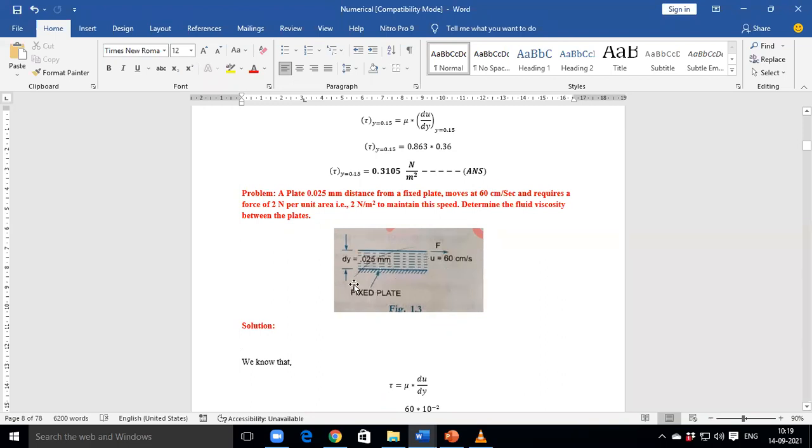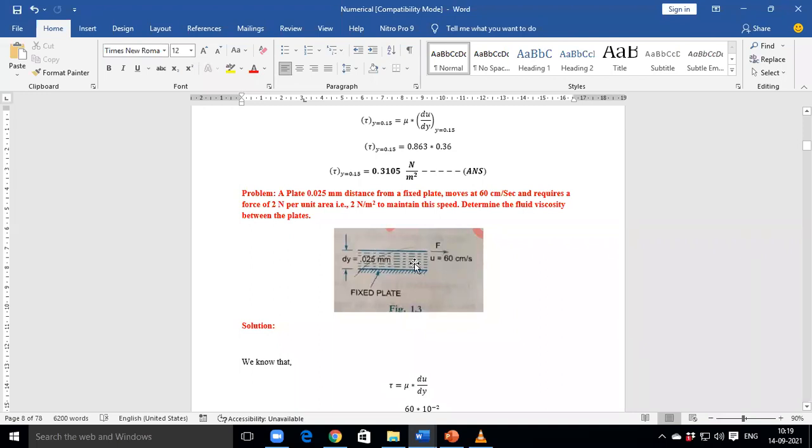In this figure, the lower plate is the fixed plate and the upper plate moves with the velocity u, 60 centimeter per second. This plate is at a distance of 0.025 mm from the fixed plate.